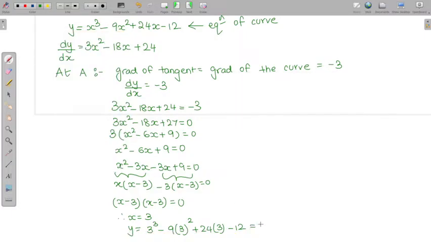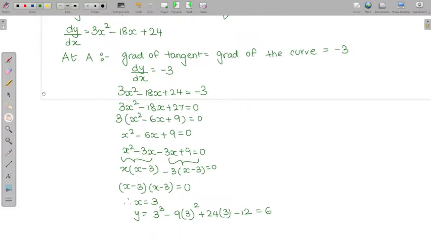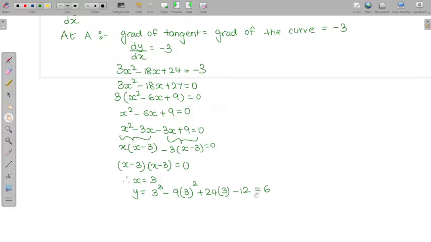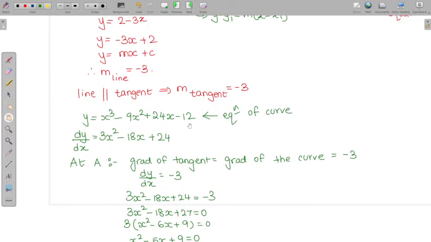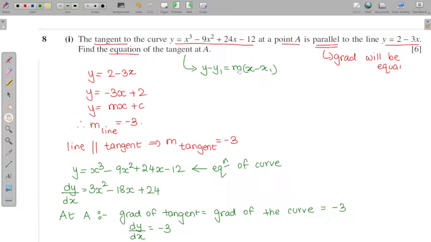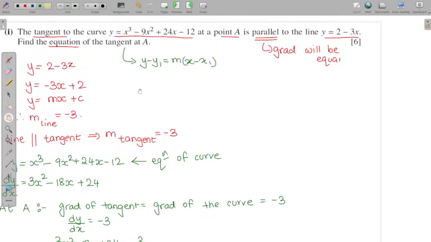So at A, the y coordinate of that point is 6. So now we have the values of x1 and y1 as well. Here we have the value of the gradient and we have the value of x1 and y1. So now let's plug in the values.